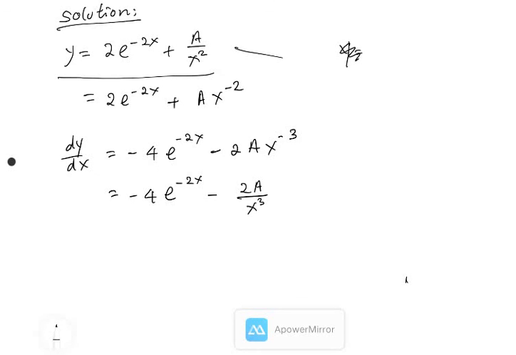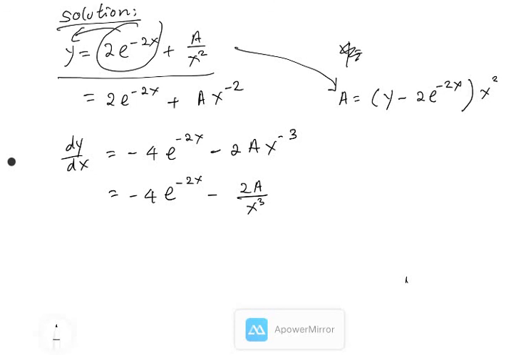A is equal to y minus 2 e to the negative 2x, and you bring this part to the left hand side, times x squared. So this is a. Later you need to substitute the value of a. Now we substitute the value of a.